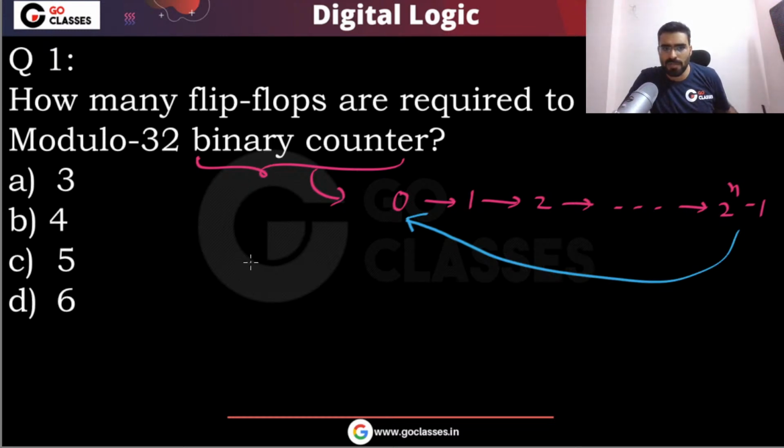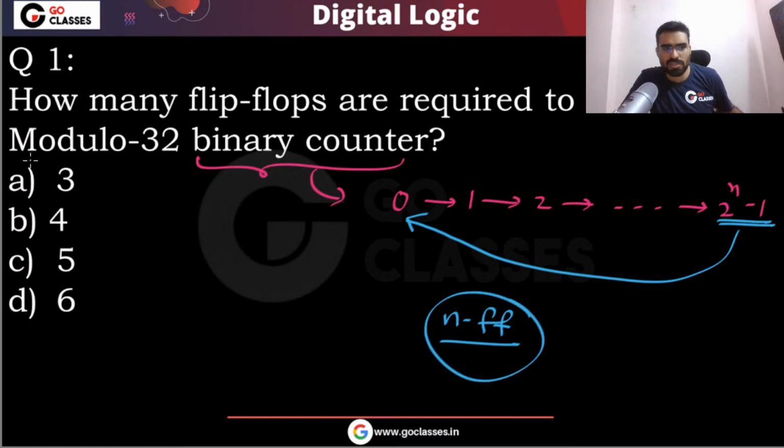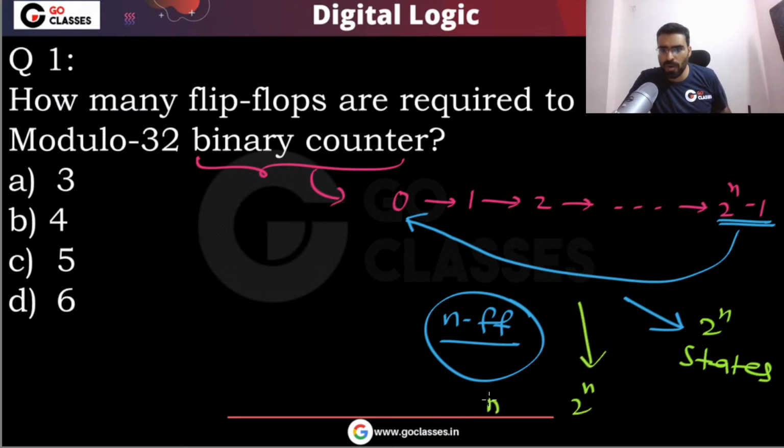In a binary counter with n flip-flops, it will count from 0 to 1, then 2 and so on, till 2 power n minus 1, and then become 0. In this counting sequence there are a total of 2 power n states, so this counter is also called a modulo 2 power n counter.